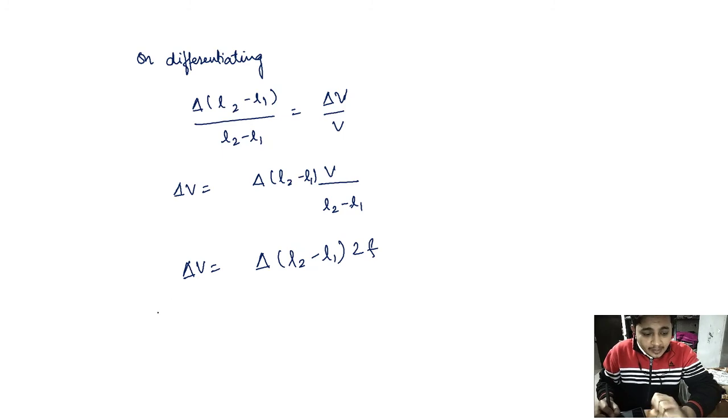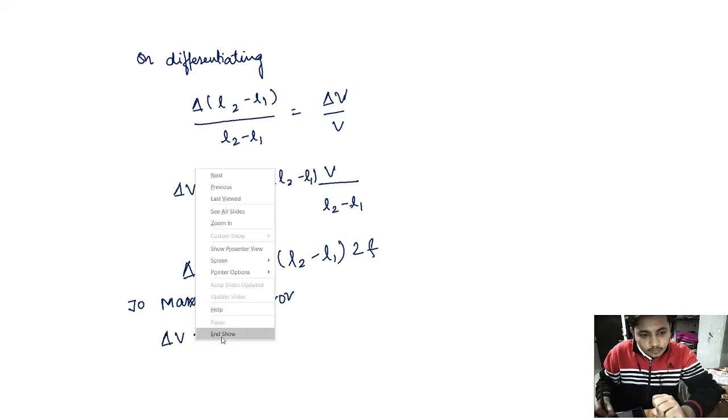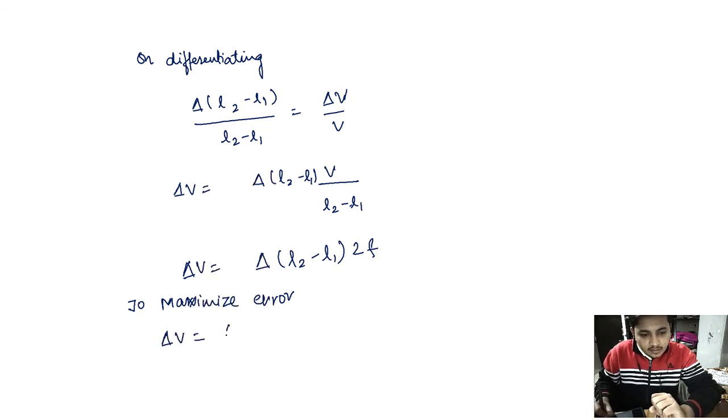So now to maximize the error, we can write delta V is equals to delta L1 plus delta L2 into 2f.